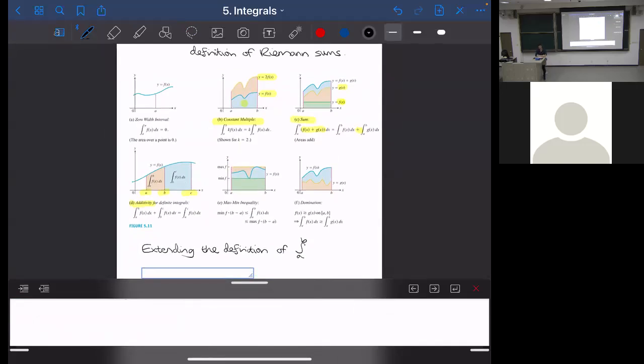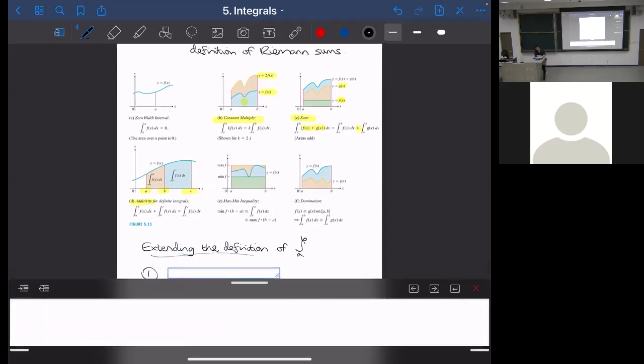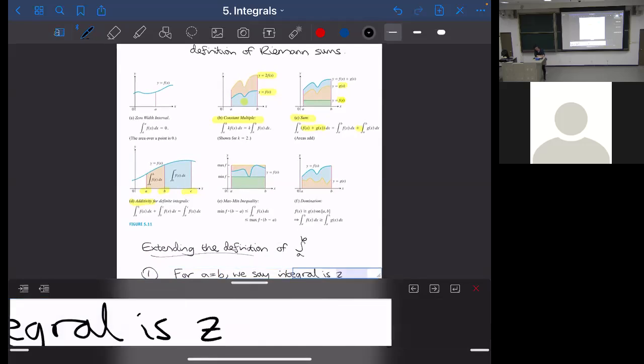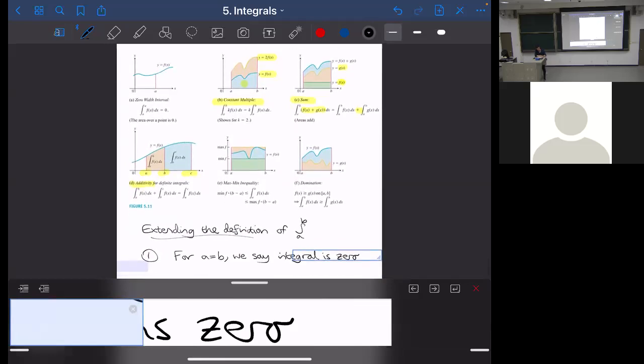So two points. The first point, for a equals b, we say the integral is 0. So this is the picture up here.